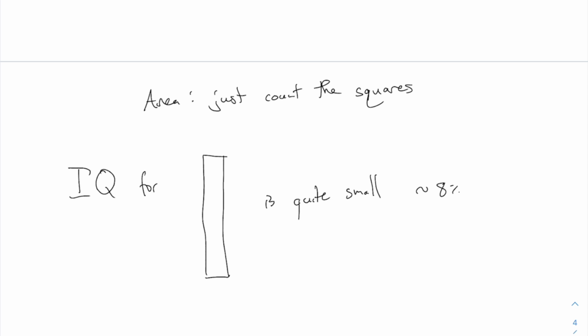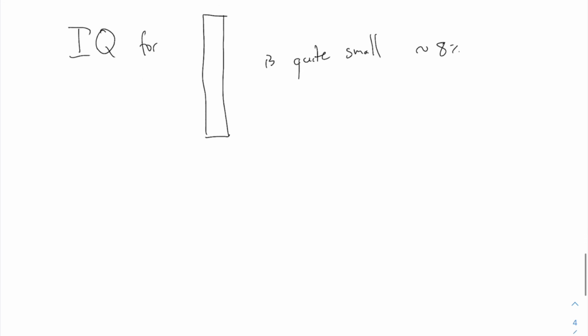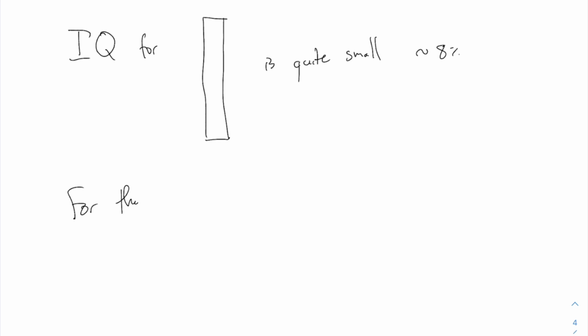I would like to compare this with what is the convex hull ratio for the same shape. Remember, this equals the area of the original divided by area of the convex hull. All right. Anyone want to say, what would that be in this example?